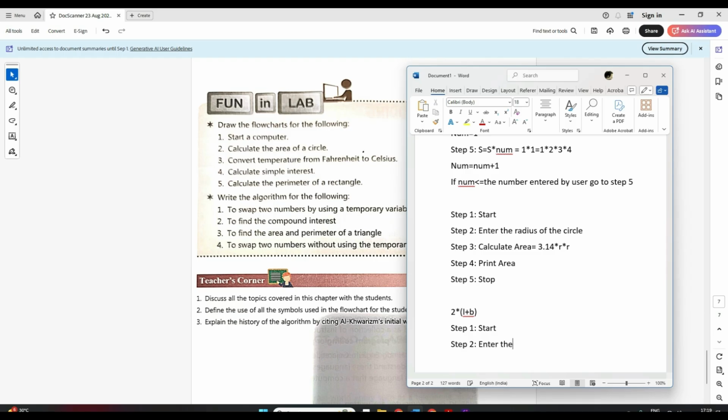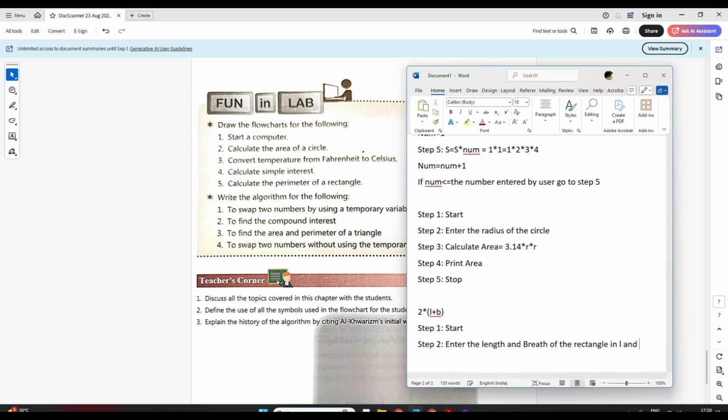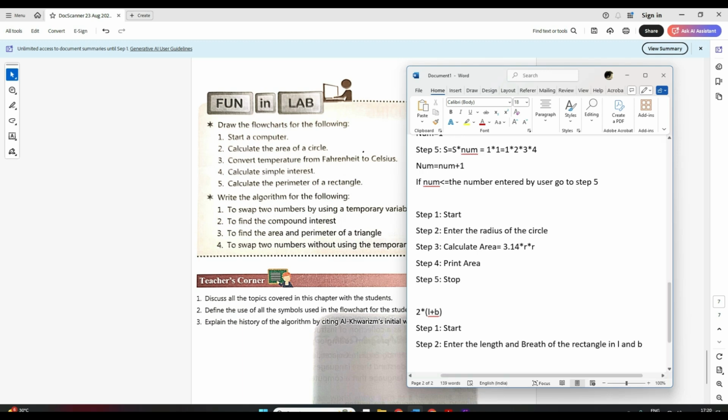So enter the length and breadth of the rectangle, in L and B, okay? Or maybe enter the length in L and breadth in B of the rectangle. So that is my step 2 input.